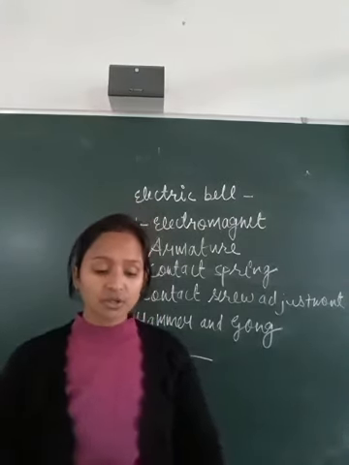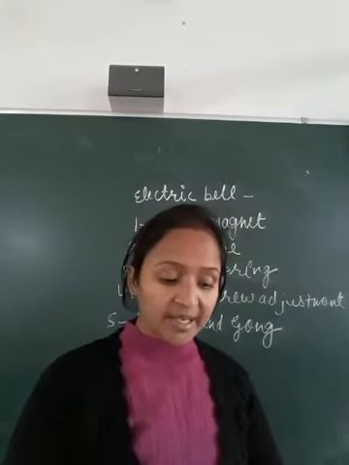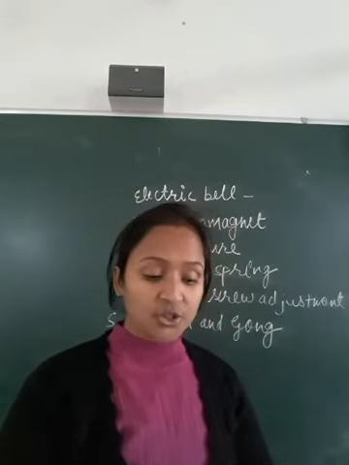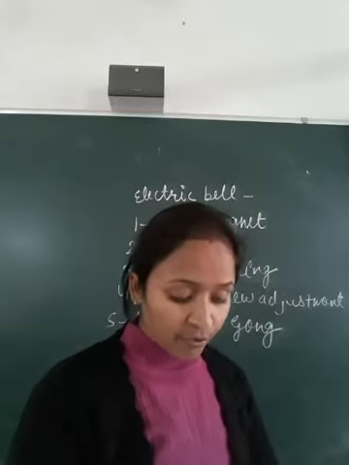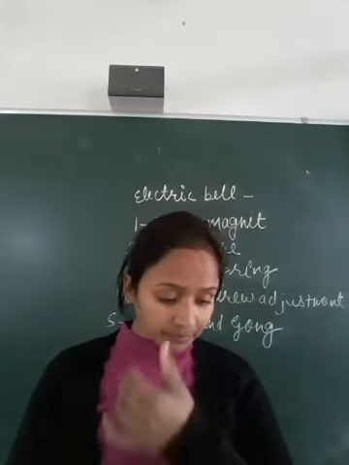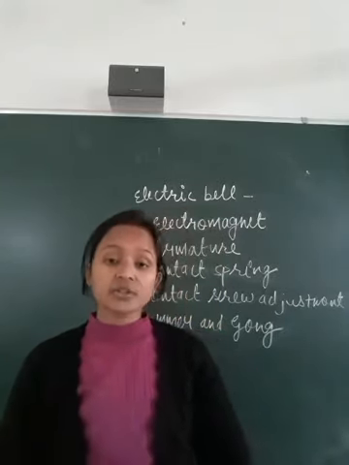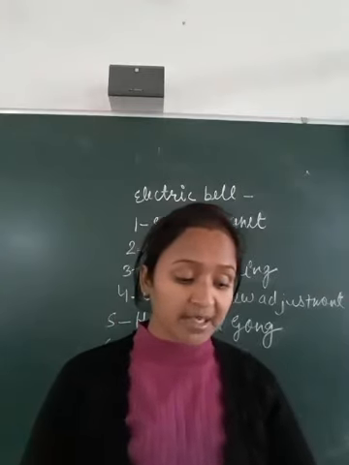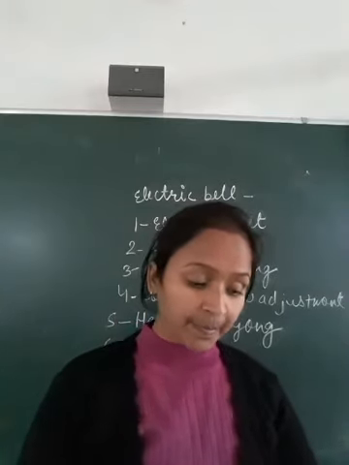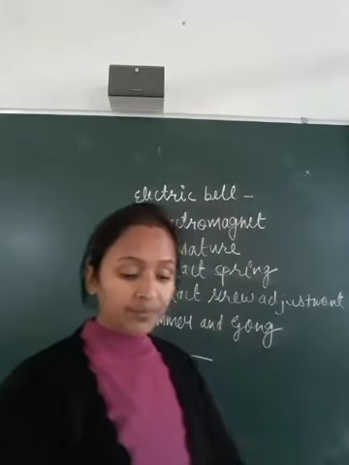One end of the insulated copper wire is connected to the terminal T1, you can see in diagram 14.32 electric bell, and the other end is connected to the brass stud S.